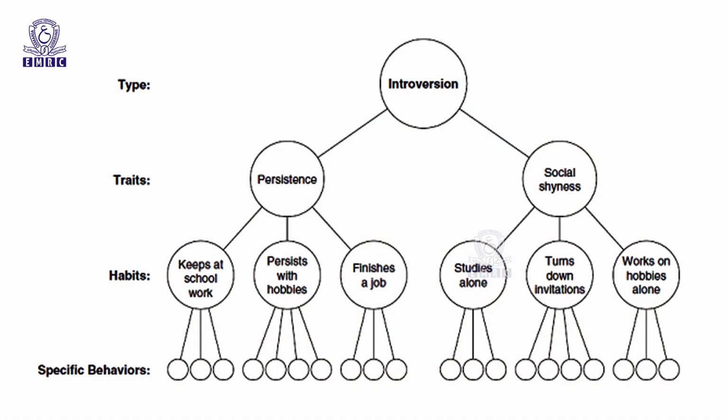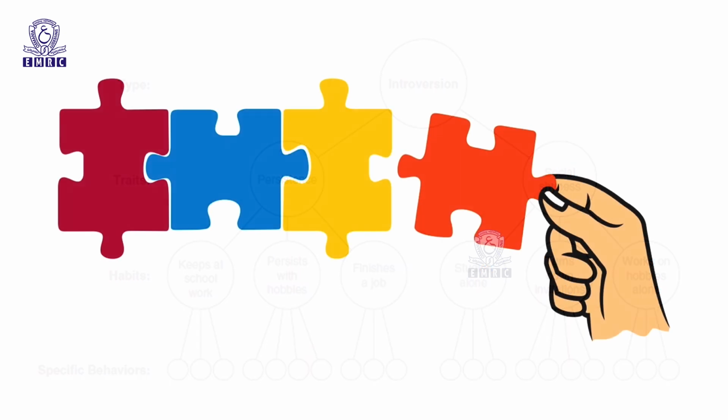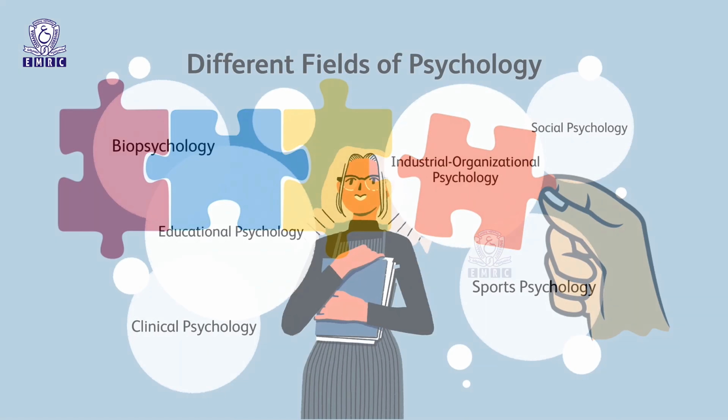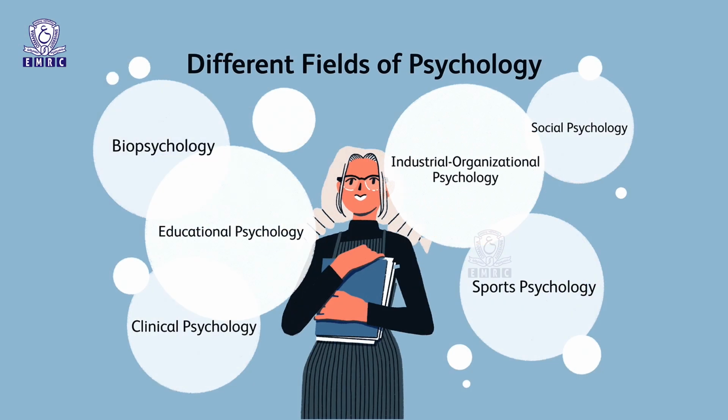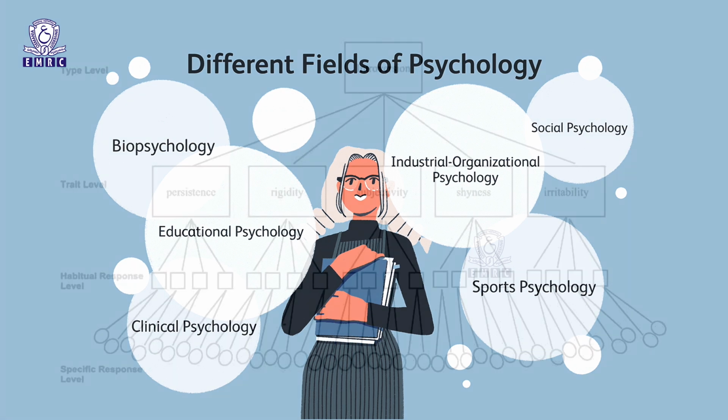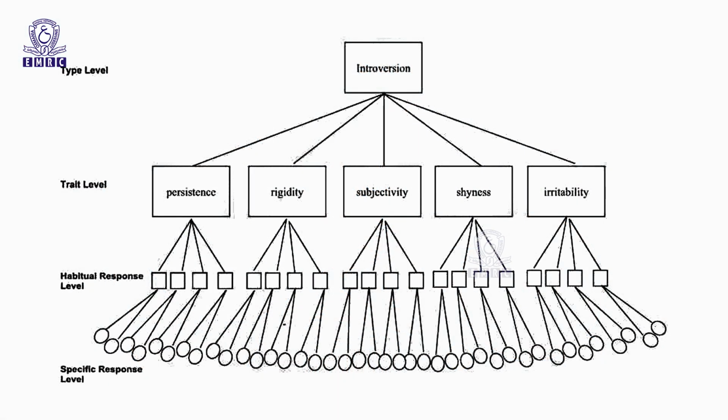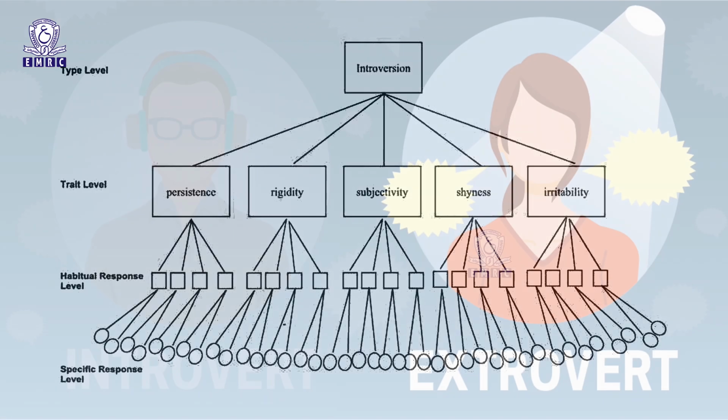The 4 levels of the hierarchical model explained by Eysenck are specific behaviors, habitual responses, traits and types. In conclusion, it can be said that Eysenck has contributed a great deal to the field of psychology by providing a solid personality theory.